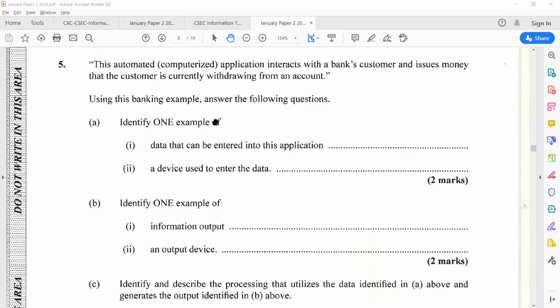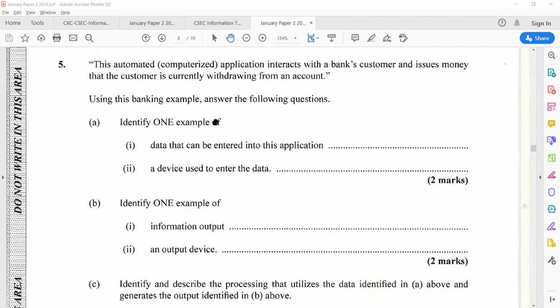Good, yes. So when using an ATM, what is an example of data that is entered into the application? One student answered the amount of money the user wants to withdraw, and that's correct. So that's one example. Another student says the PIN. Okay, so the PIN of the user.